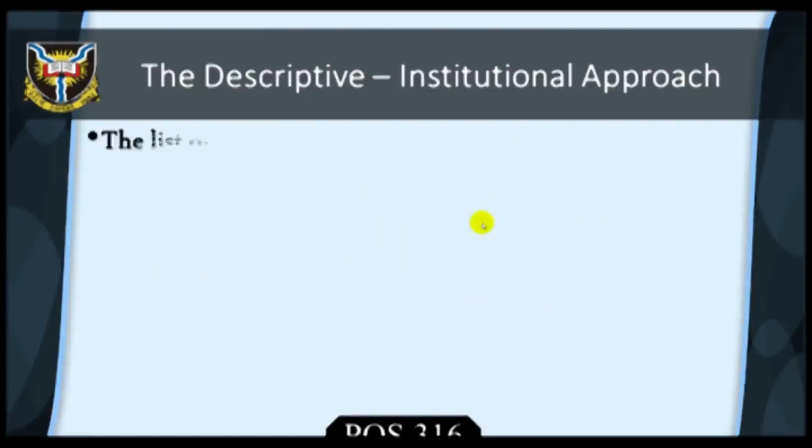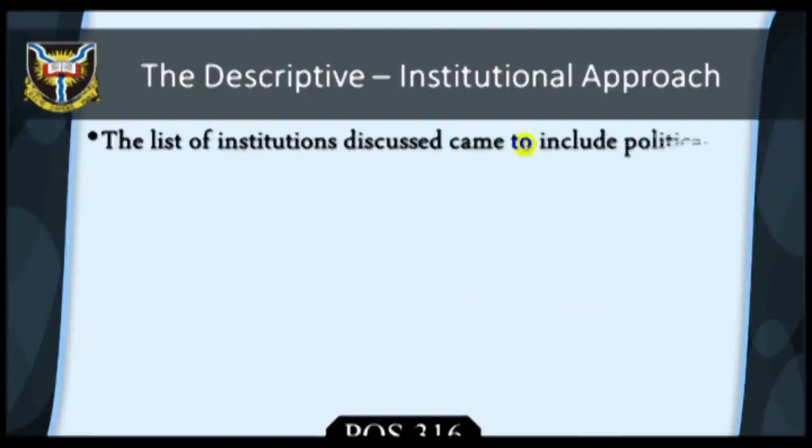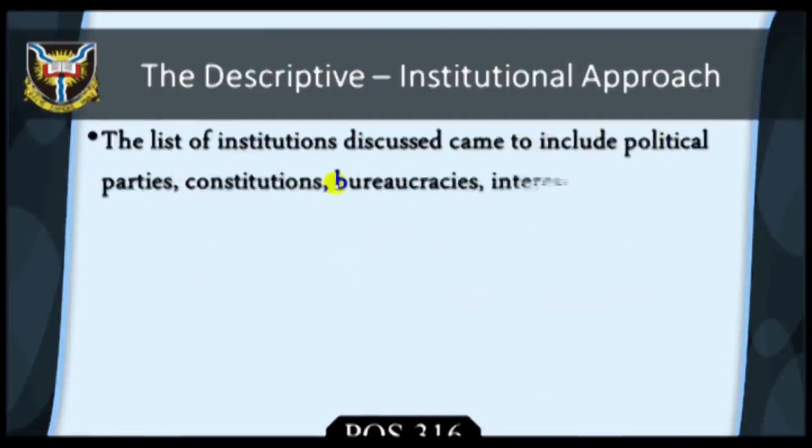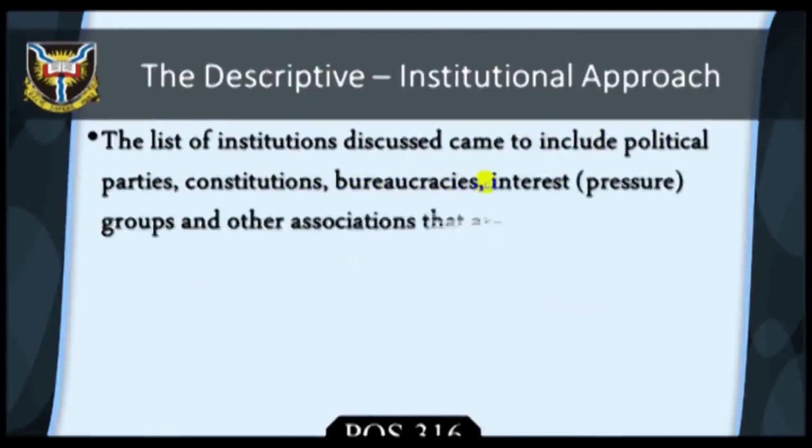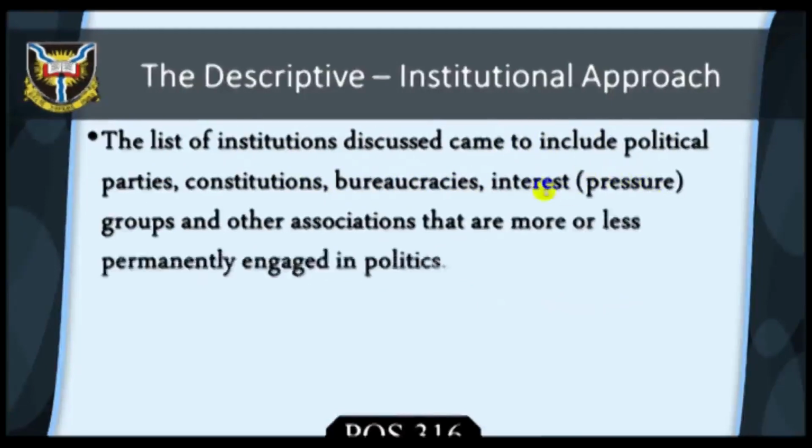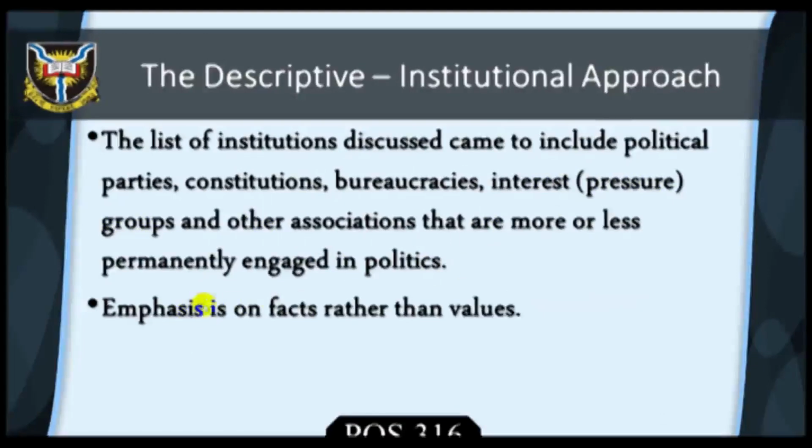However, over time, the list of institutions discussed came to include political parties, constitutions, bureaucracies, interest or pressure groups, and other associations that are more or less permanently engaged in politics. In the descriptive institutional approach, unlike in the normative philosophical approach, the emphasis is on facts rather than value.